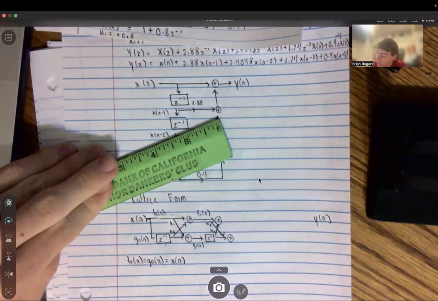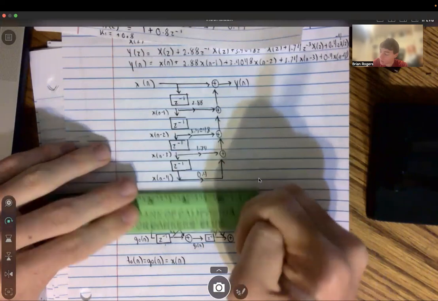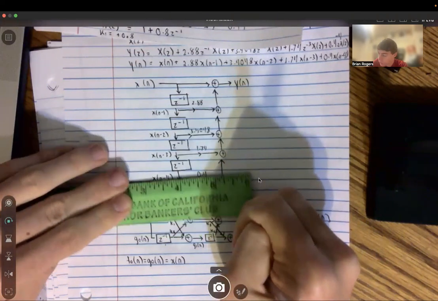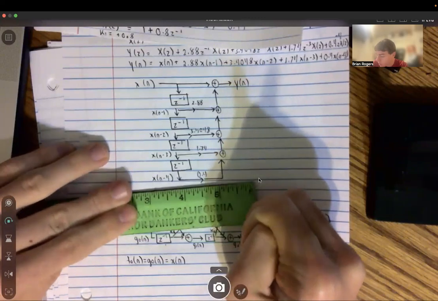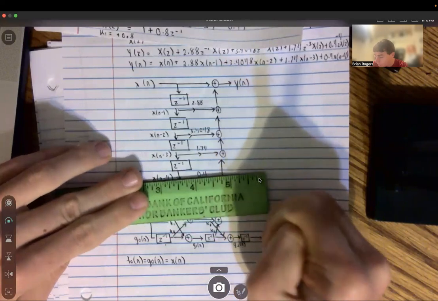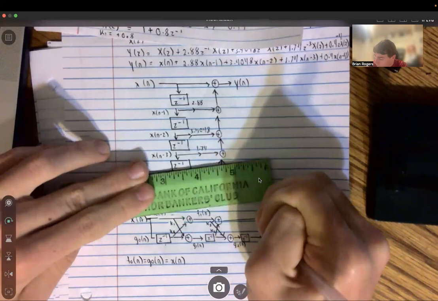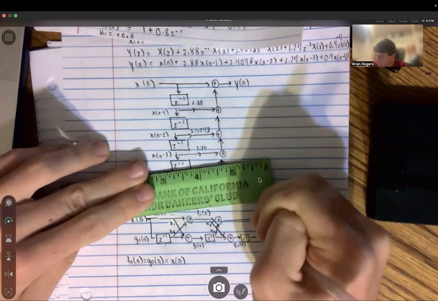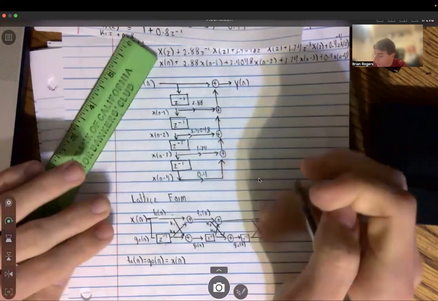And then our next output, after this summing block, is going to be given by g2 of n. It's going to pass through a delay, z to the -1, and go to the summing block up here. Then it's going to go to the next summing block, but it's going to be multiplied here by k3.